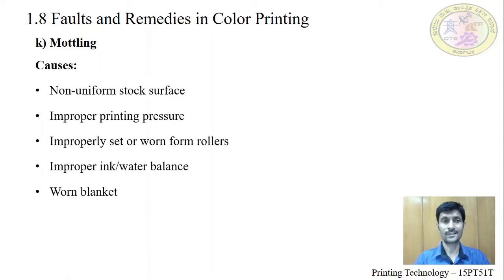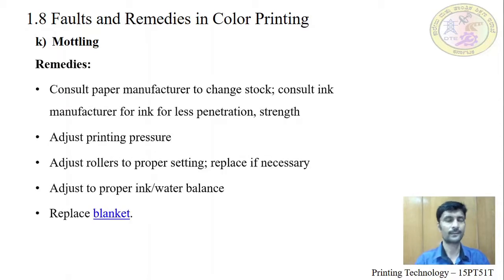The main causes are a non-uniform stock surface due to the coating, then improper printing pressures, improperly set or worn foam rollers, improper ink and water balance, and worn blankets. Remedies are: first, consult the manufacturer about changing the stock, or consult the ink manufacturers for inks with less penetration strength.